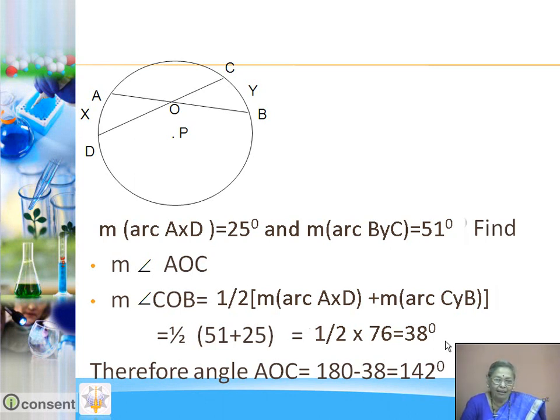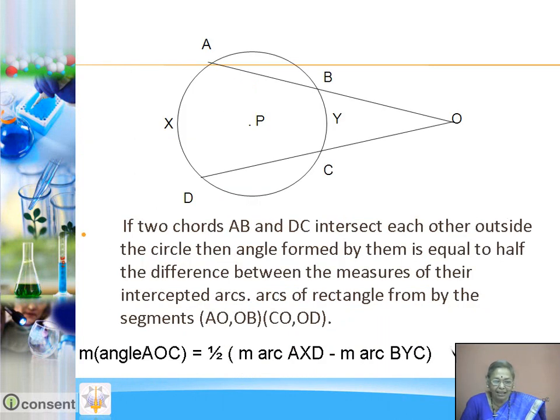Here two chords AB and DC are intersecting outside the circle. Point O is outside the circle. So, angle AOC will be equal to the difference of the measures of their arcs multiplied by 1/2.